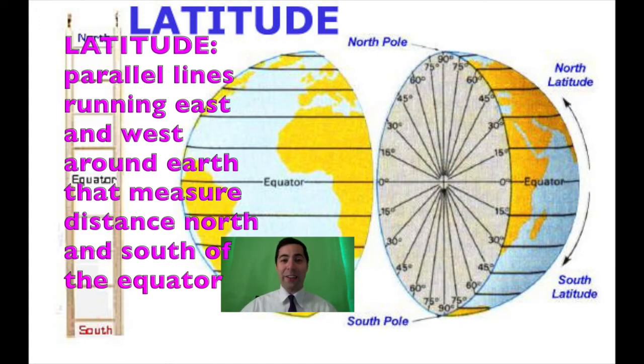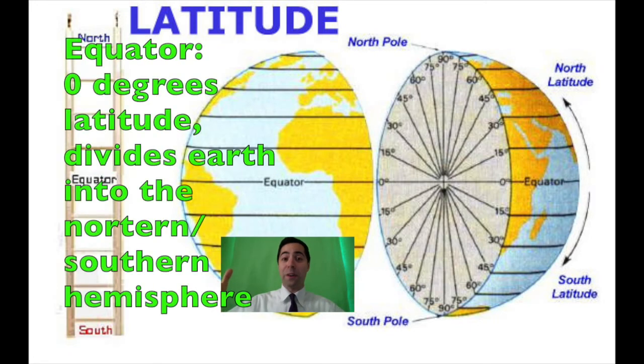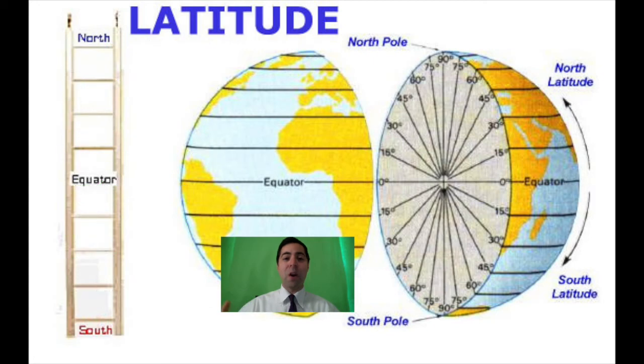Each line is actually given a number. So the equator is 0, and distances above to the north and distances below to the south are all measured by different lines of latitude. Also, sometimes lines of latitude are known as parallels.